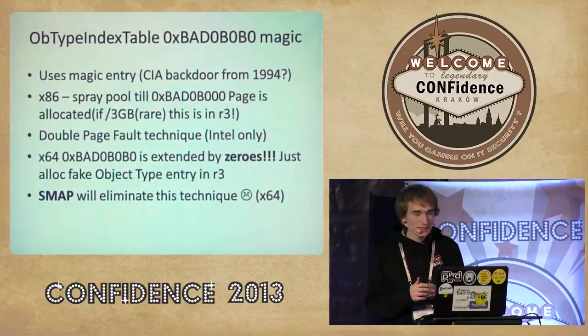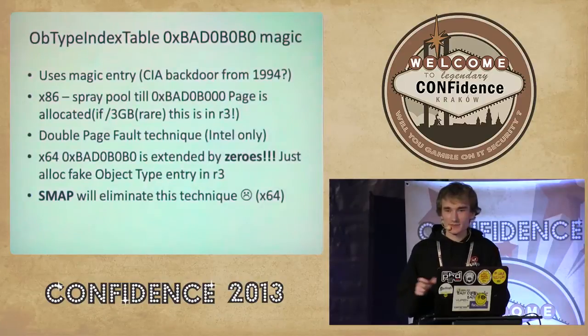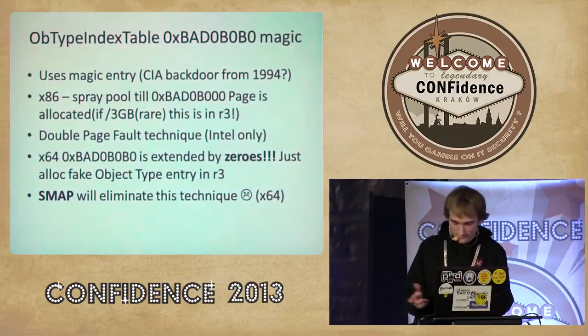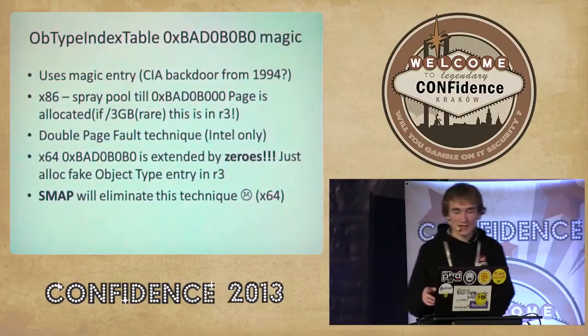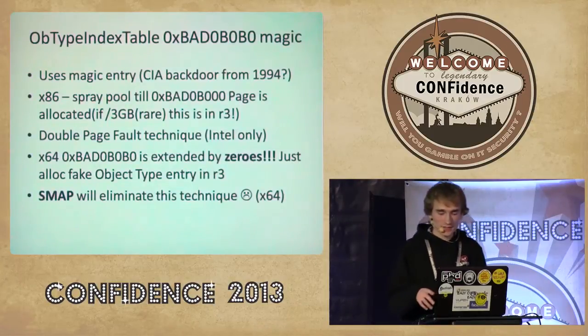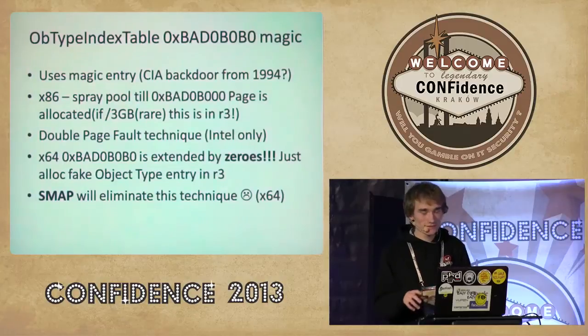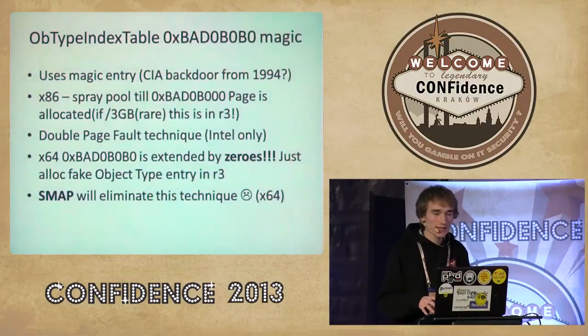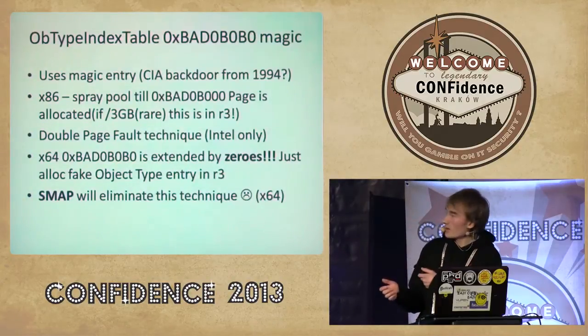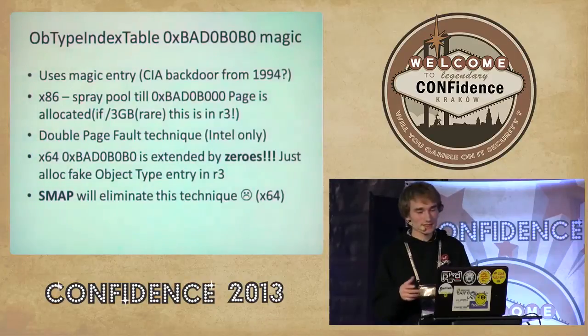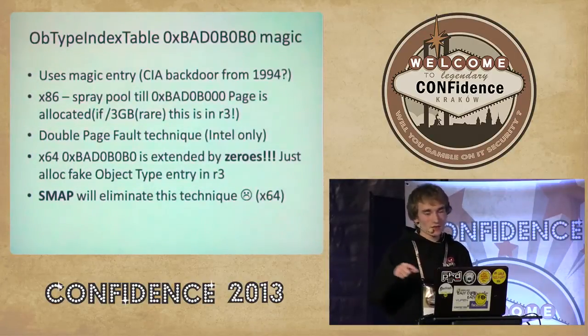Second idea is to use this magic constant. Actually, I'm curious because Mateusz Jurczyk won a Pwnie Award for some interesting vulnerability, and I've got this magic entry, BAADBOOO. Mateusz Jurczyk has another magic constant, BAADDOOO.